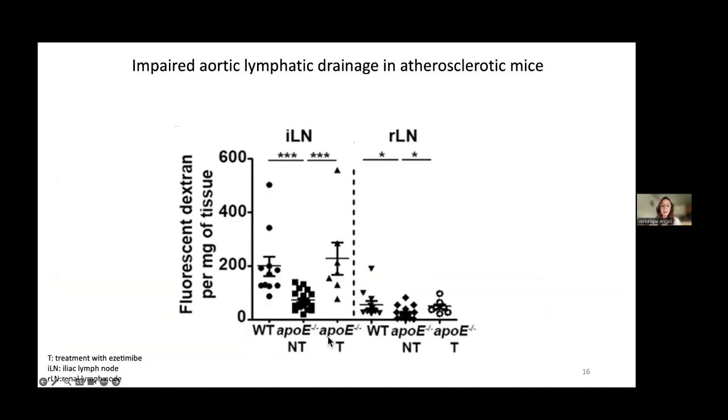We also show that when we treat mice with ezetimibe, a drug that lowers plasma cholesterol and has been shown to decrease atherosclerosis and hypercholesterolemia, we have an improvement of lymphatic drainage when we reduce hypercholesterolemia. So this really shows that although we have more lymphatics, we have an impaired lymphatic drainage.